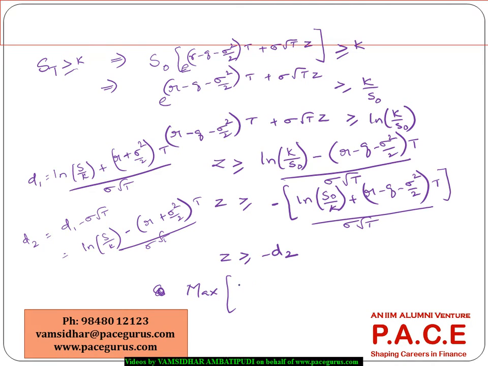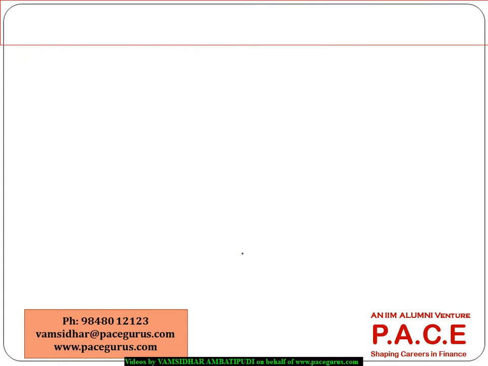ST I can very well find out, which is S naught into e to the power of (R minus Q minus sigma squared by 2) times T plus sigma root T times Z. This is ST minus K, comma 0, and this will come only when Z is greater than or equal to minus D2. So once I know Z, which is a standard normal variable, I can very well start finding out.